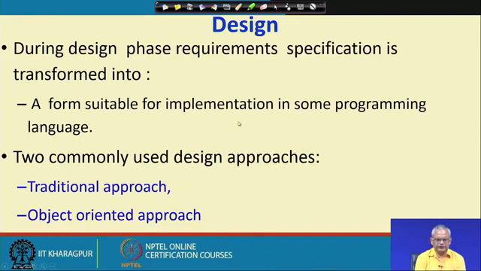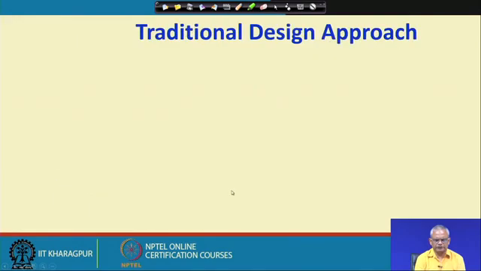The design activity typically uses the requirement specification document. The designers consult the SRS document, and then they come up with a design which can be easily implemented in some programming language. Two main approaches are used: the traditional approach and the object oriented approach.